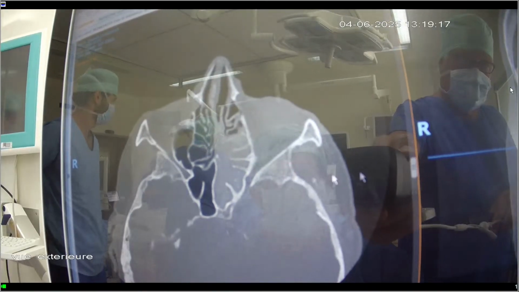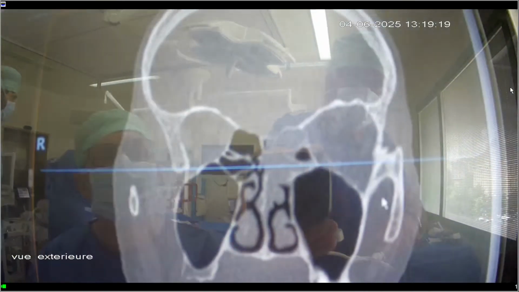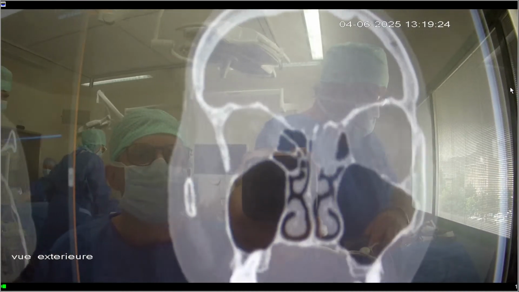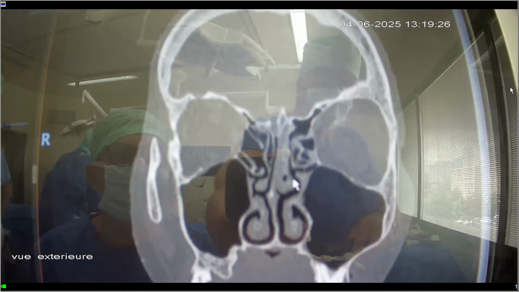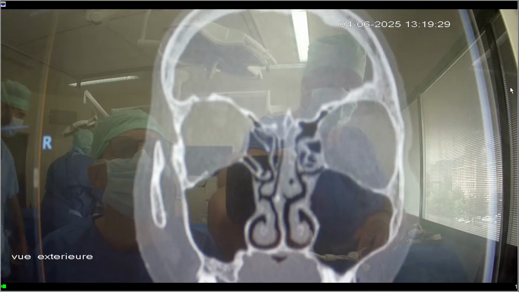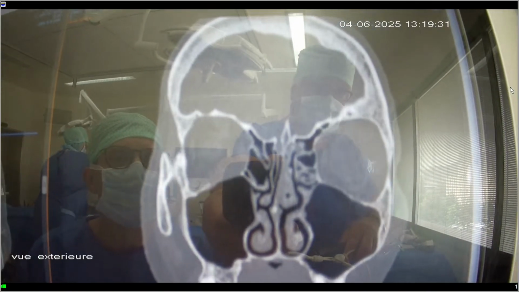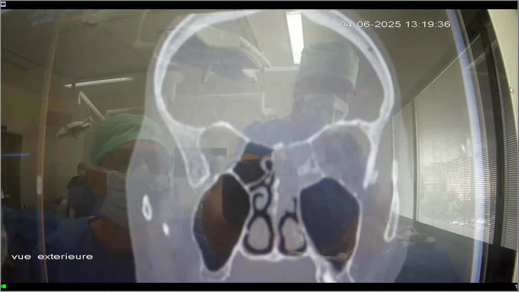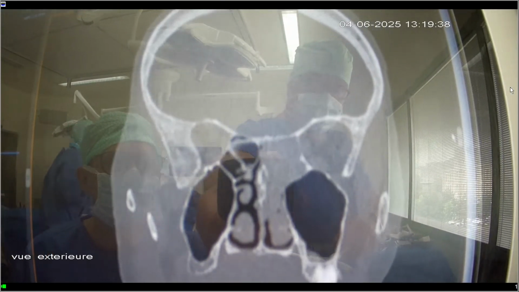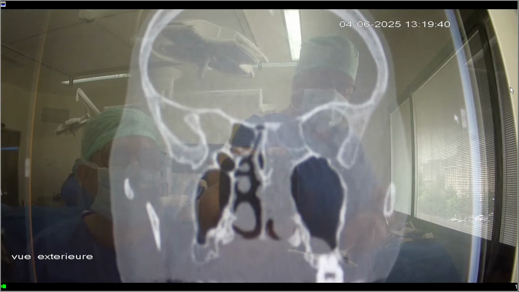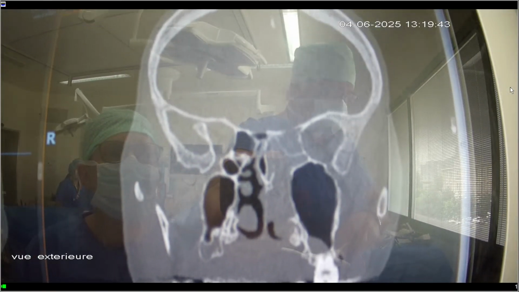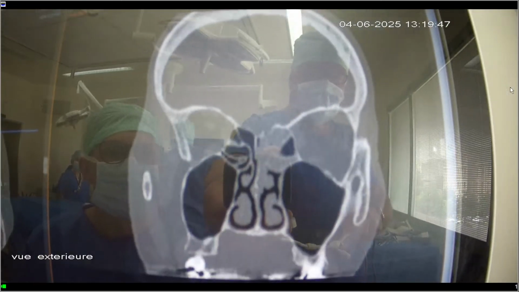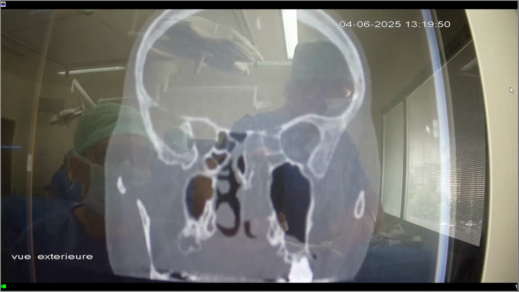On the coronal view, you can see that the posterior part of the olfactory cleft is filled by the polyp, not the anterior and middle ethmoid, not the maxillary sinus. It completely fills the posterior cavities and blocks the choanal arch, explaining why this woman suffered from moderate nasal obstruction, because the obstruction is not complete.